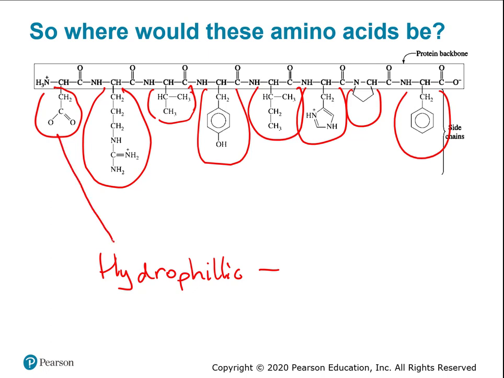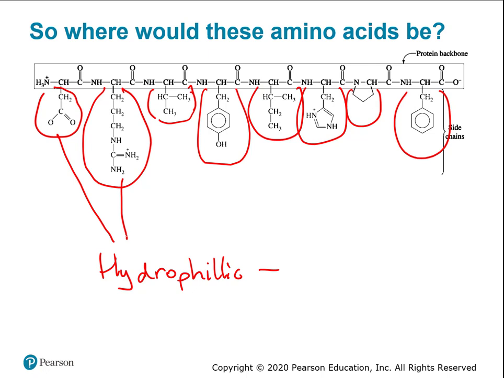Remember, you look for a nitrogen or an oxygen. That's really the big kicker. Small molecule, nitrogen or oxygen, it's hydrophilic, it's polar. What about the second one? Hydrophilic or hydrophobic? Philic, because see the 2 nitrogens at the end, or 3 nitrogens at the end. In fact, one of them has a positive charge, so this is actually ionic.